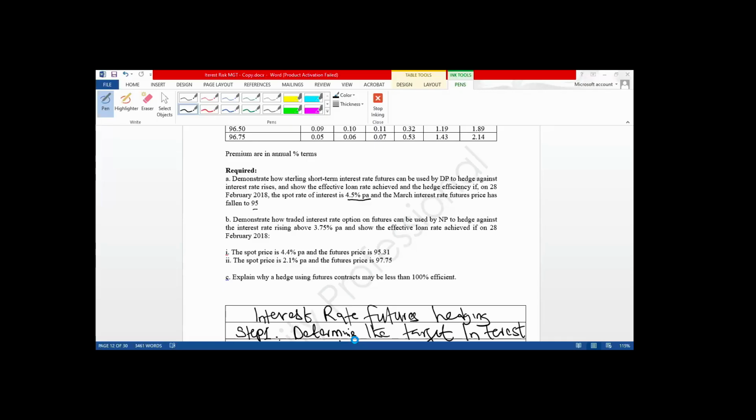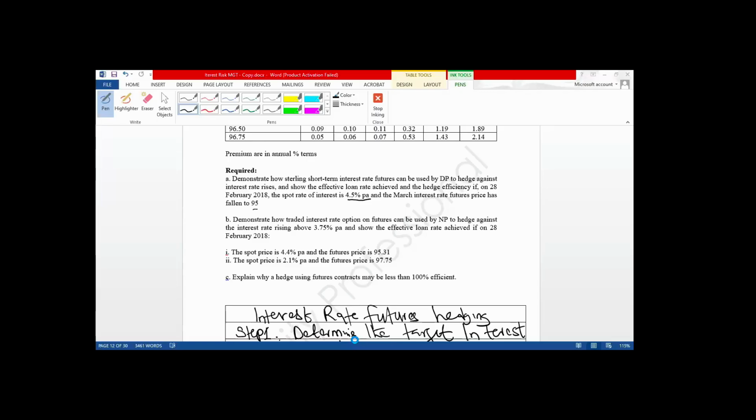We are trying to explain that requirement B demonstrates how traded interest rate option on futures can be used by Dominion PSC to hedge against interest rate rising above 3.5% and show the effective loan rate achieved.